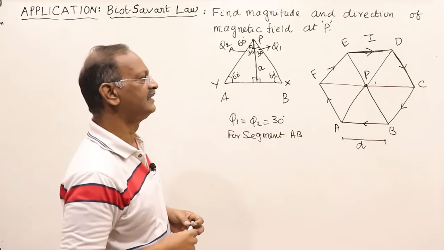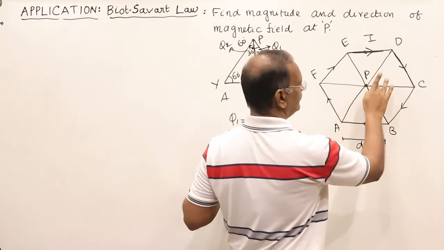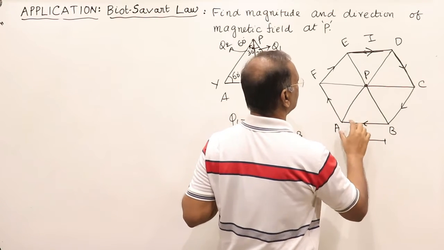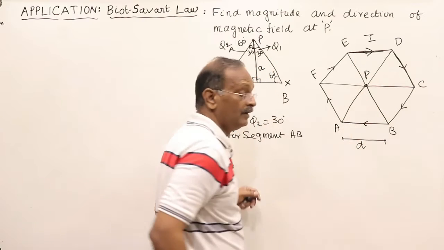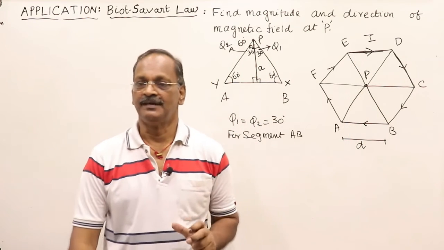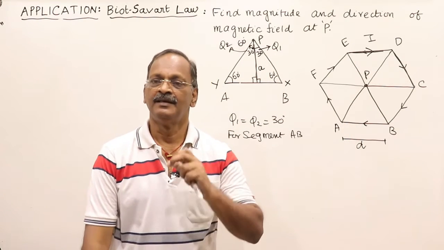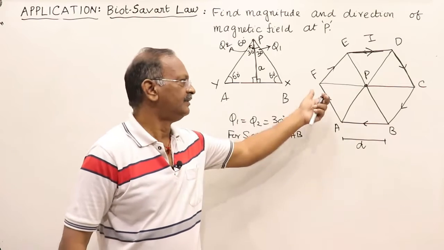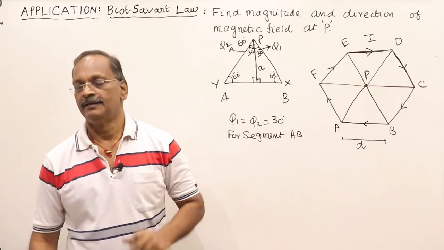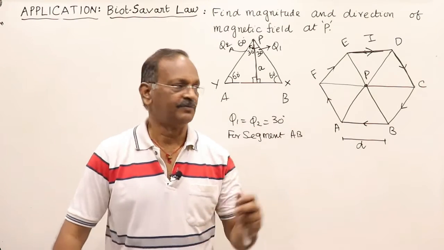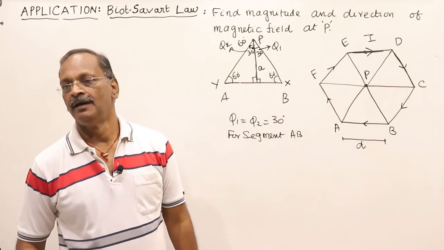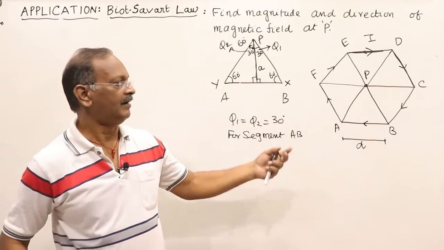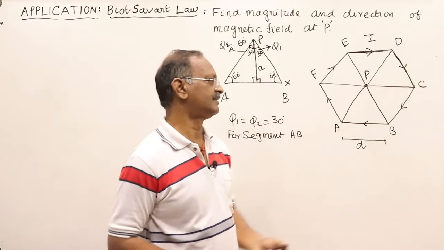Only the direction we have to check. The magnitude will be the same, but the direction will differ. So we will use vectors to find the total magnetic field at P due to this hexagon. We will find the vectorial sum of all the magnetic fields produced by the 6 segments.